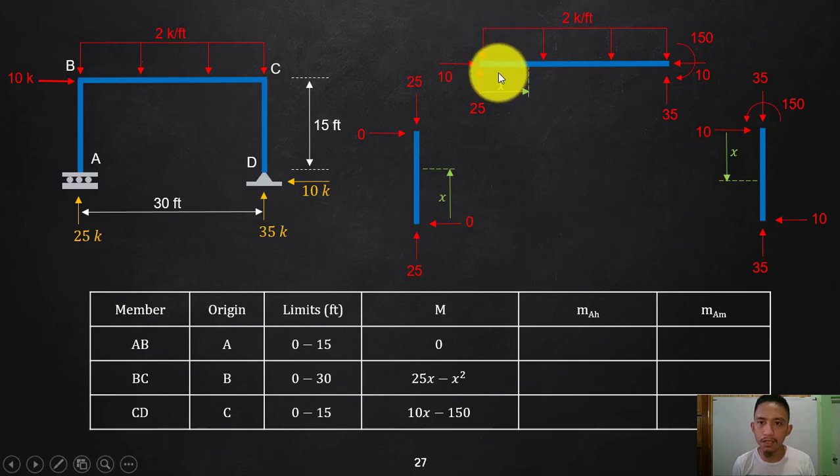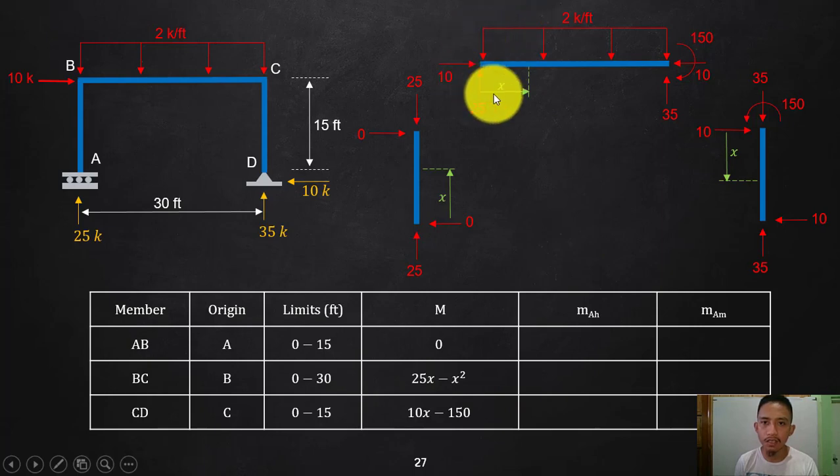But the moment arm to that point is x over 2, half of x, since that is applying at the middle. So 2x times x over 2, you will end up with x squared all over 2. The 2 on top and the 2 below will cancel out, so we end up with negative x squared. So again, that is how we ended up with negative x squared. So that is your moment equation.